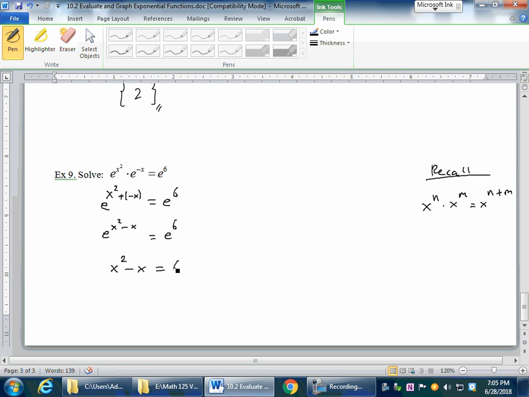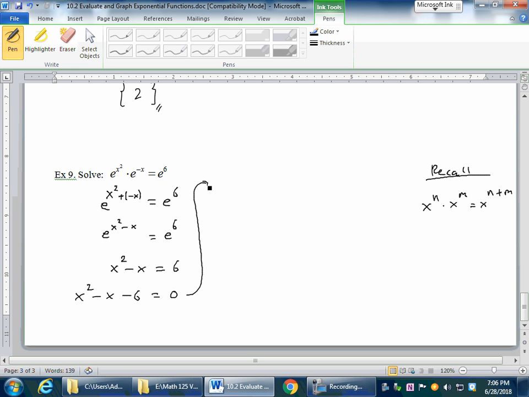And that helps us to get a quadratic equation to solve. How do we solve a quadratic equation? First, move everything to one side. Try to factor. If it is not factorable, we use the quadratic formula. So it will be x squared minus x minus 6 equal to 0.